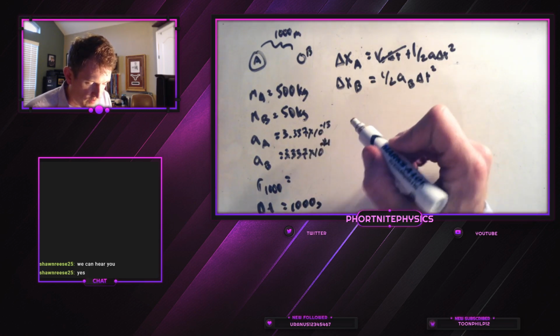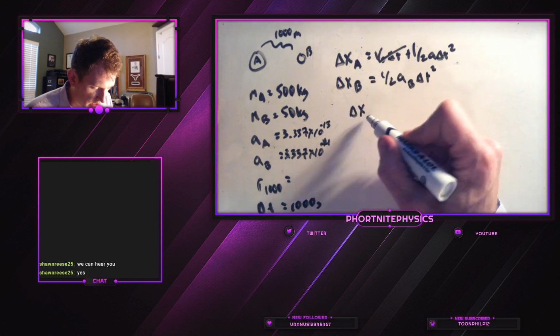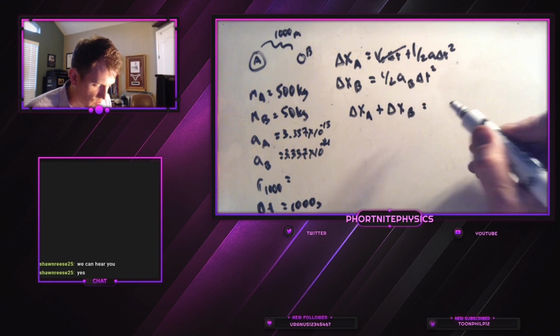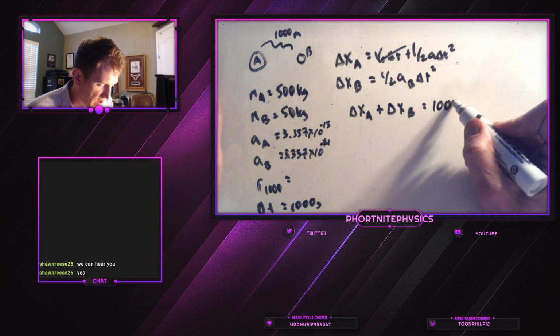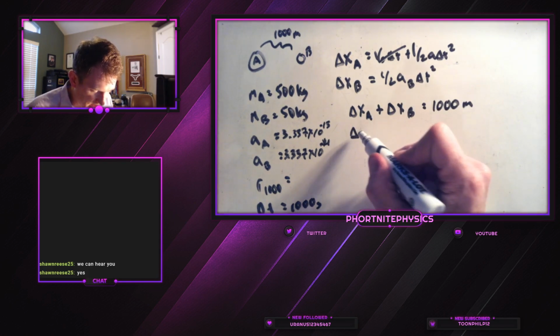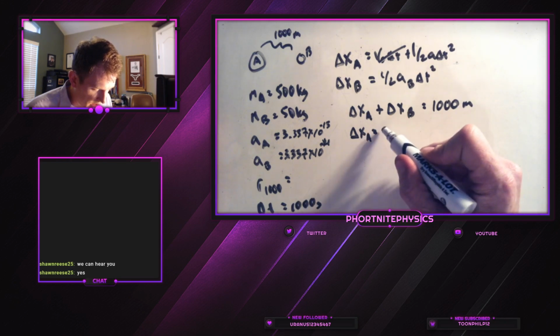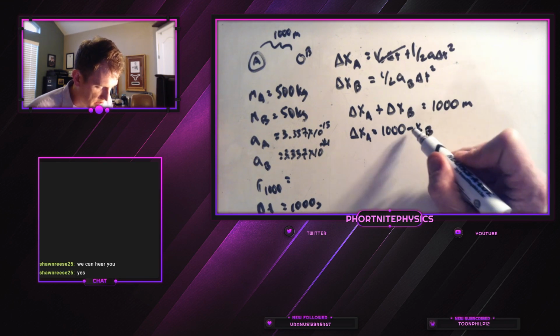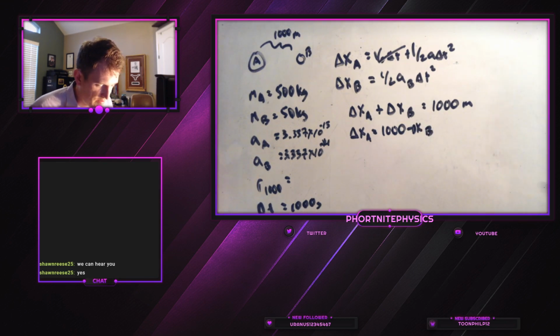Now, in order for them to touch, the amount that delta x A moves plus the amount that delta x B moves has to be 1,000 meters, right? So we can say that, let's say, delta x A equals 1,000 minus delta x B. Let's just define it that way.